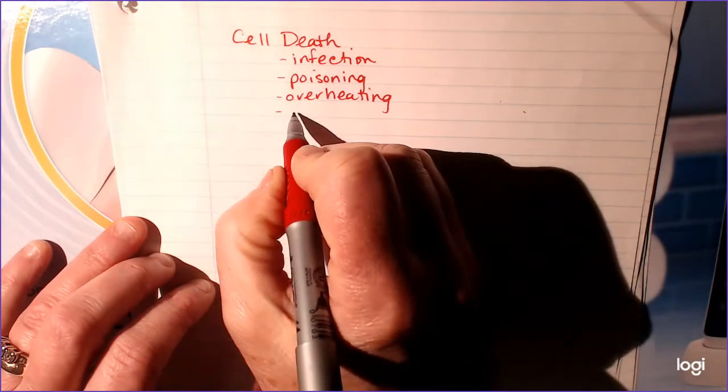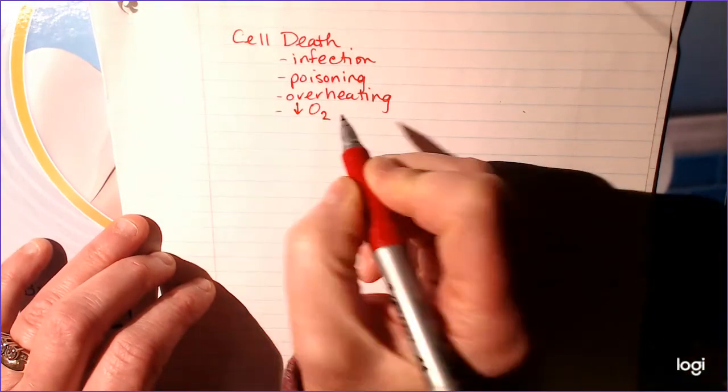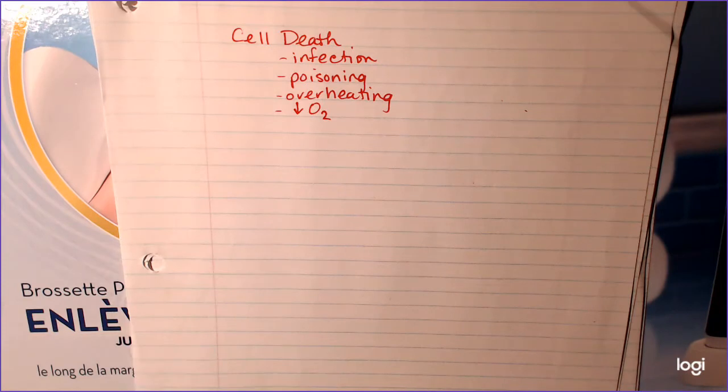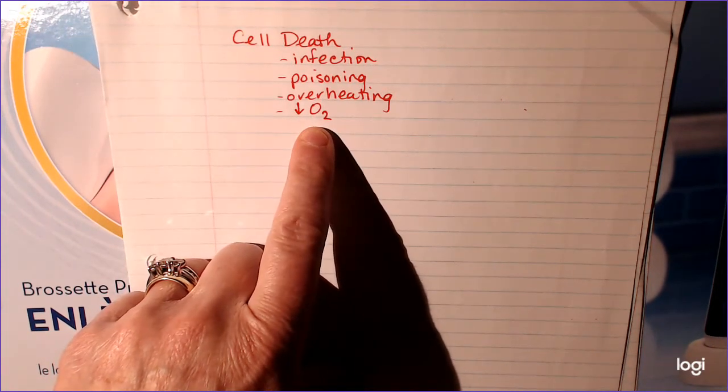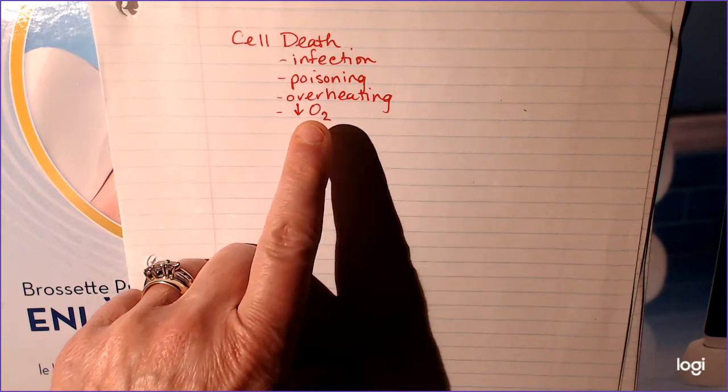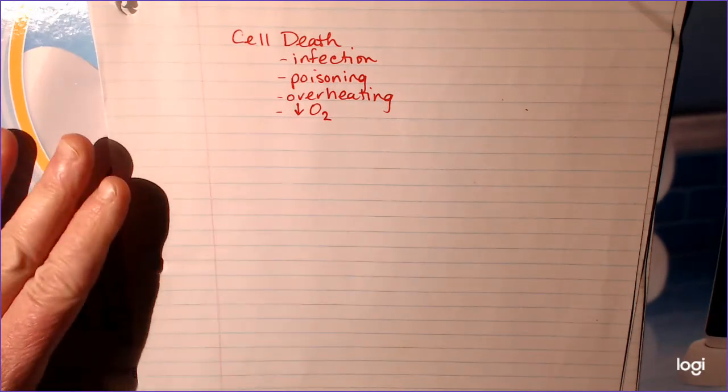And we may have a drop in oxygen level, so we are smothering our own cells, or if you're a bacteria, you suffocate. Cells of your heart die when you're having a heart attack because they don't have oxygen being delivered to them anymore.